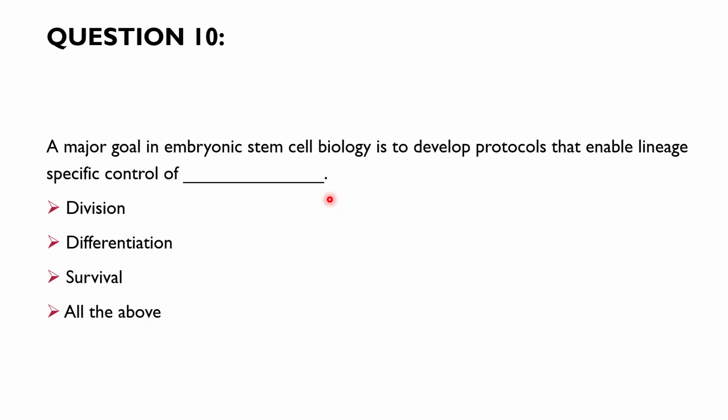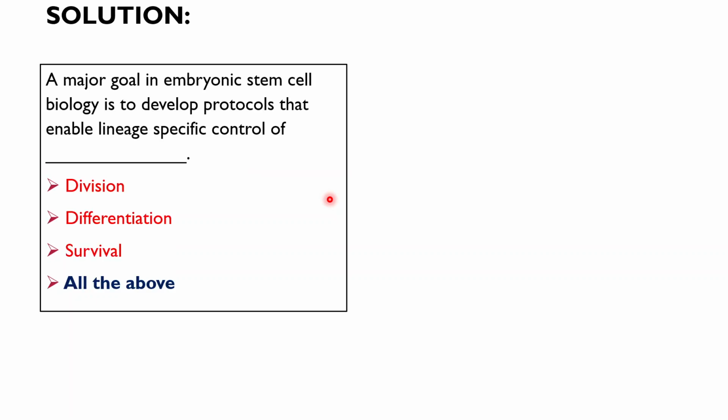So moving on, let's see what the right answer is. Yes. Many of you have already said that it's option D, all of the above. The goal of the embryonic stem cells, or any stem cell, is that it has two essential features. A stem cell can divide to give rise to another cell of its own kind, and it can divide to give rise to another cell which is a differentiated cell.